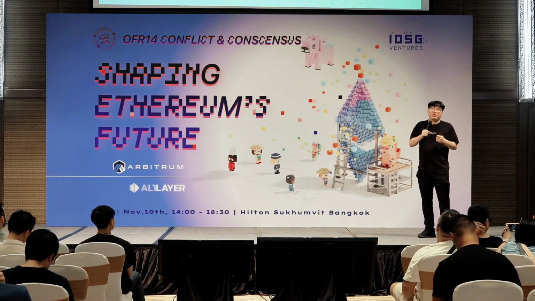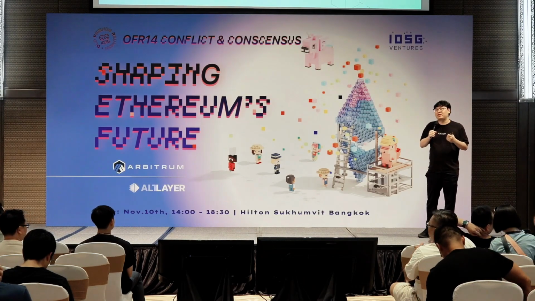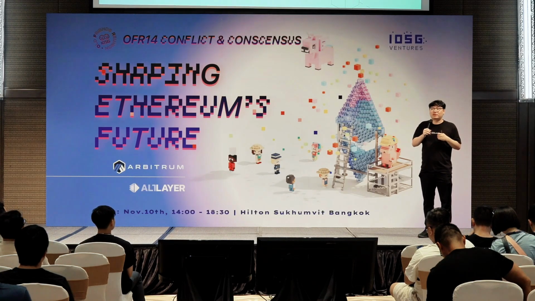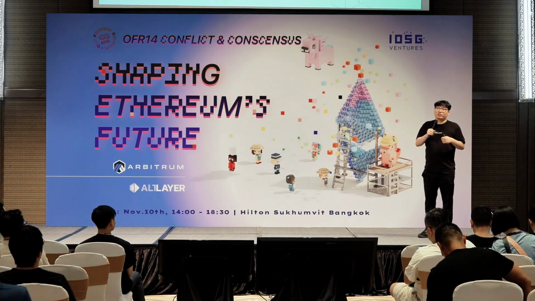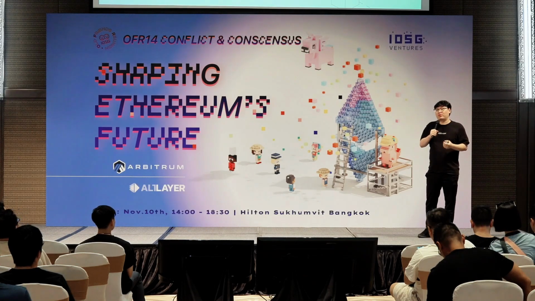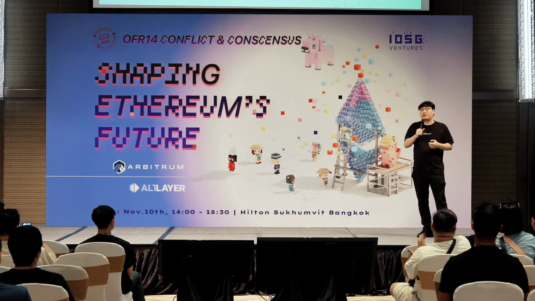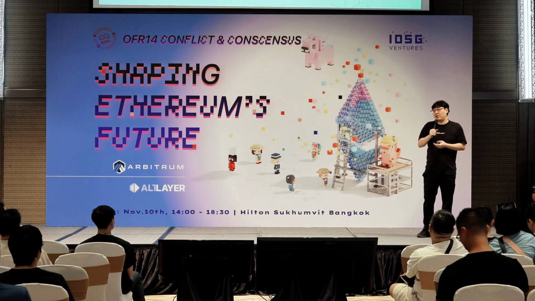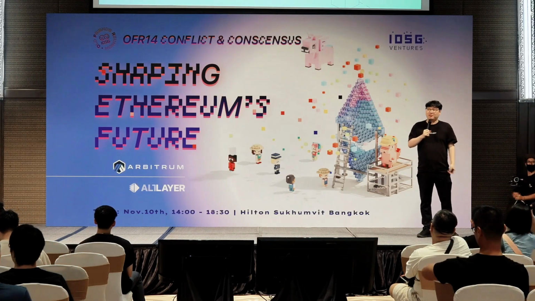So for the next few months and years, either for the Ethereum Foundation or for us, it's about pushing the limit of the space to provide much more scalable rollups. At the same time, we take decentralization and safety into consideration. That's all about my talk, and thanks for your time.